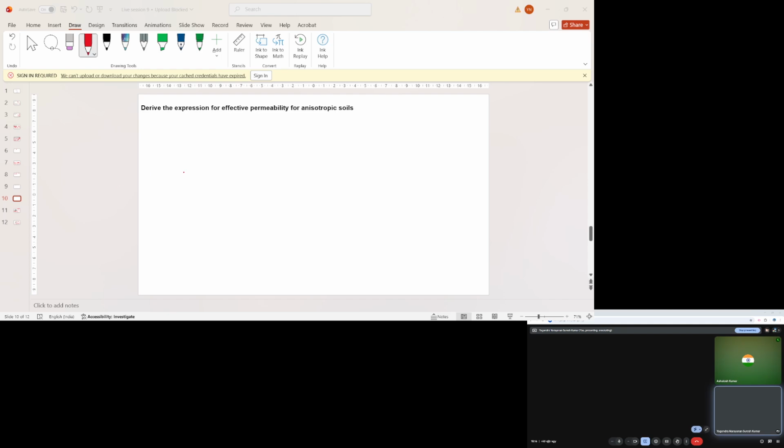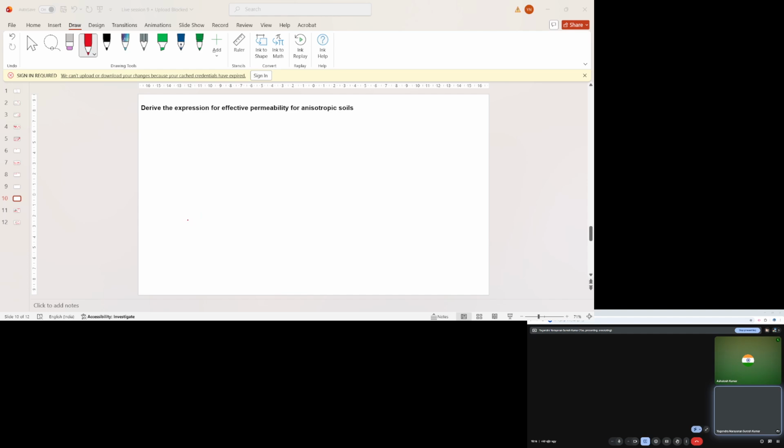So Q is defined as K into dou H by dou X, so Kx into dou H by dou X is equal to Ke into dou H by dou X dash, right?